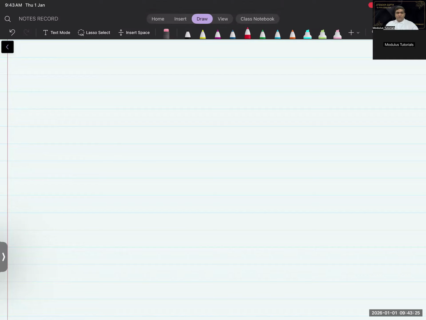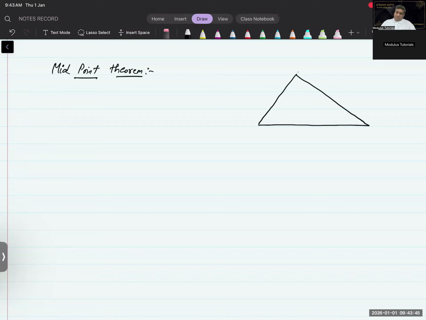All right, boys and girls, let's talk about the midpoint theorem now. What is the midpoint theorem? Midpoint theorem tells me that suppose you have a triangle like this. This is ABC.